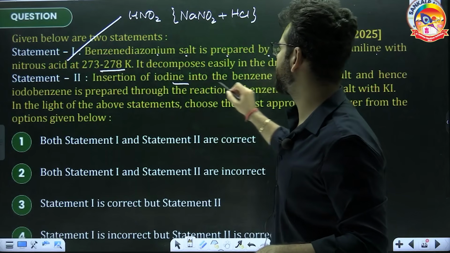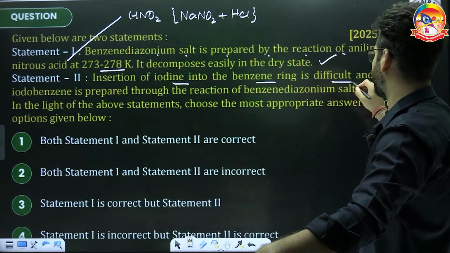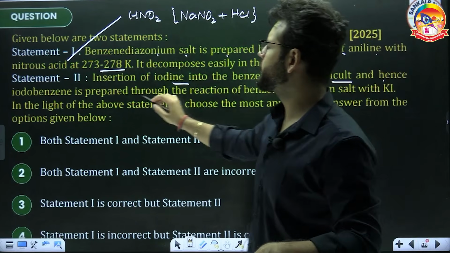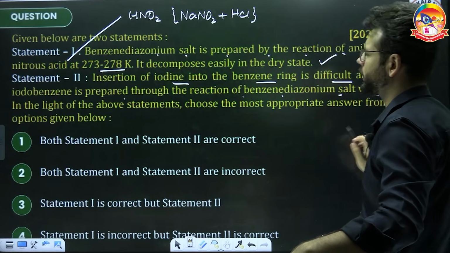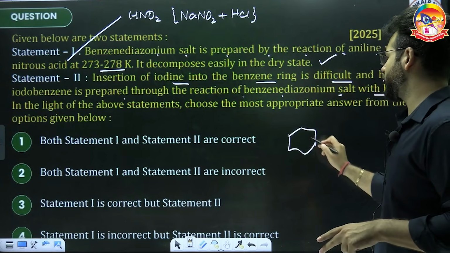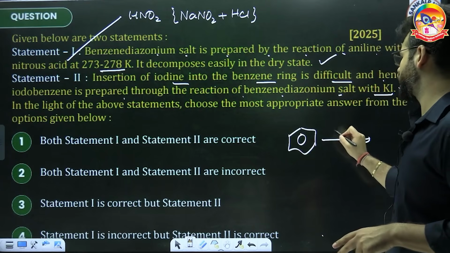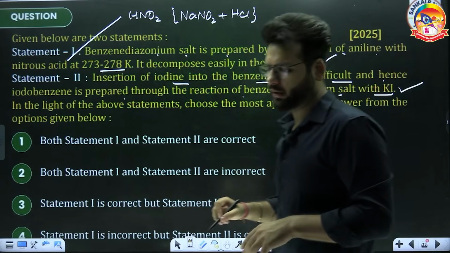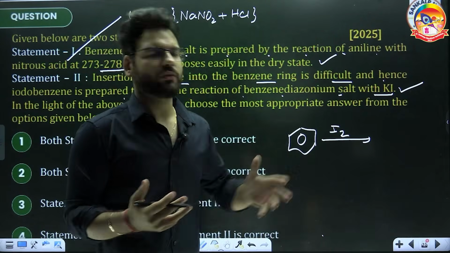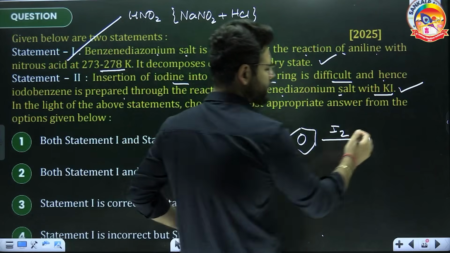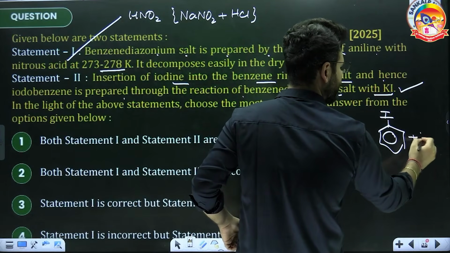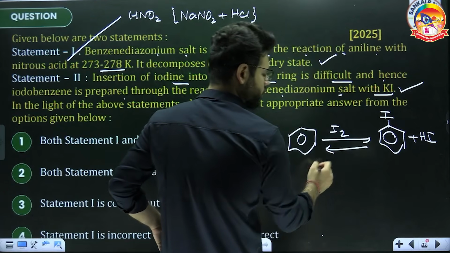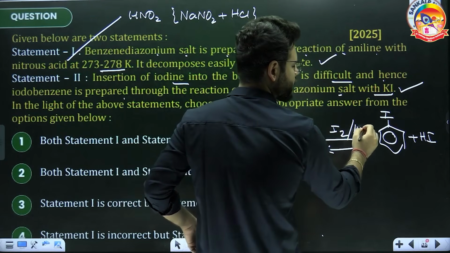Insertion of iodine into the benzene ring is difficult, and hence iodobenzene is prepared through the reaction of benzene diazonium salt with KI. It's an absolutely correct reaction. Direct iodination of benzene is a very slow reaction. In the aromatics chapter, you have studied that direct reaction with iodine is very slow and reversible in nature, so we use something like HNO3 to send the reaction forward.